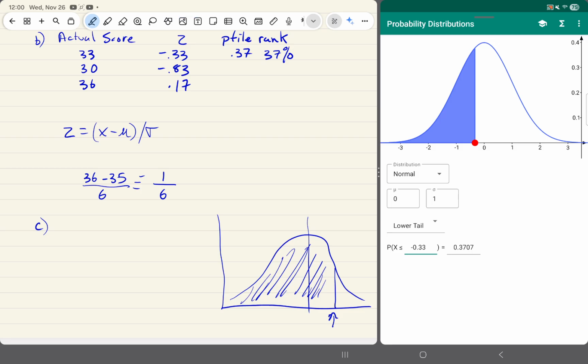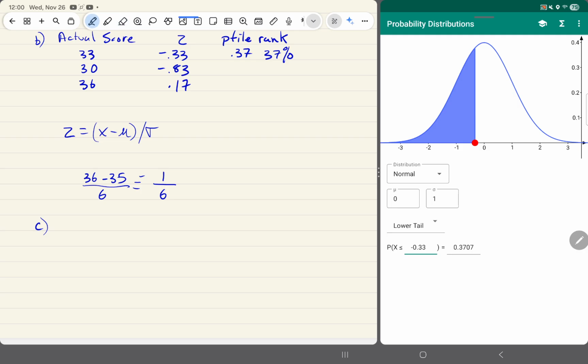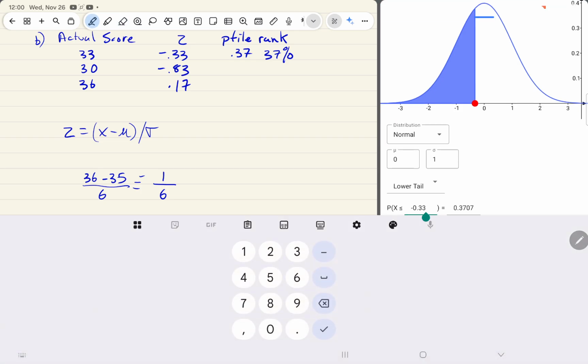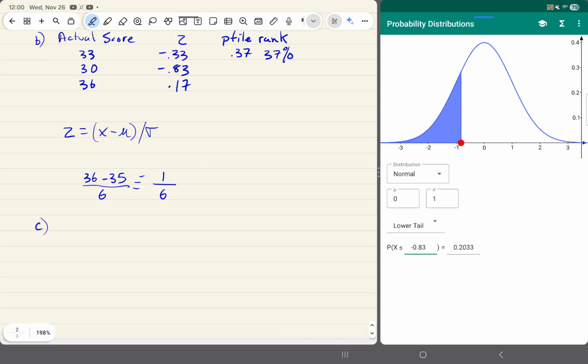And we'll do the same thing for the next one. We had a z-value of negative 0.83. So that will be 0.20, or 20%, the percentile rank.